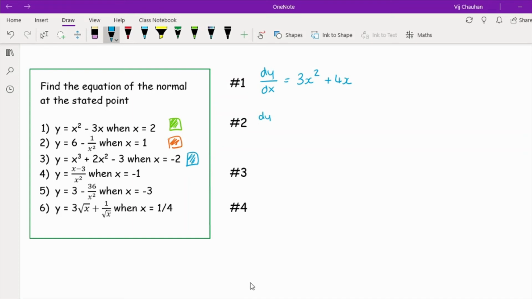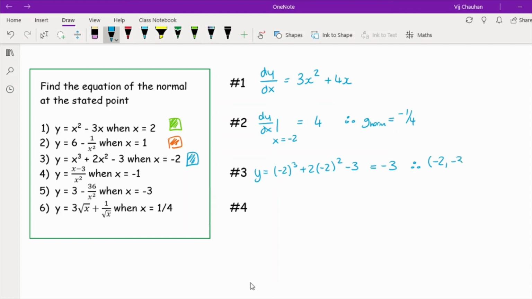Then substituting my x ordinate into dy/dx, I get a value of 4, meaning that the gradient of the normal is therefore going to be minus a quarter. Then finding our y ordinate, I've got to substitute minus 2 into this. I'm just going to write it out in full so you can see exactly what I'm doing. That should give me a value of minus 3.